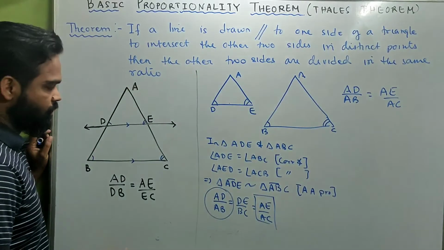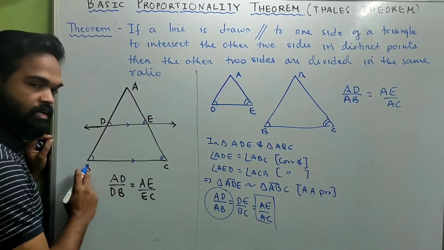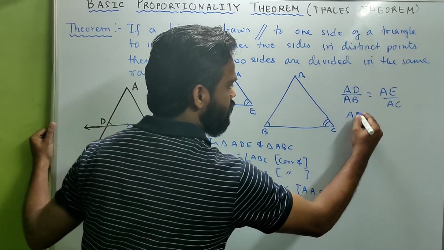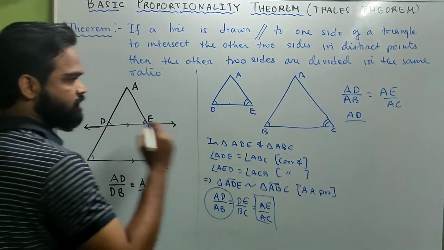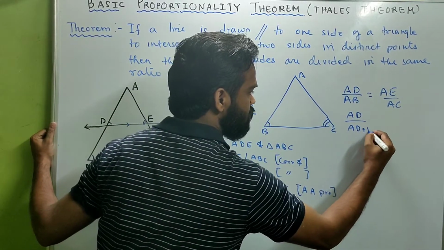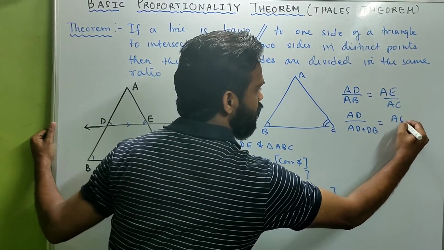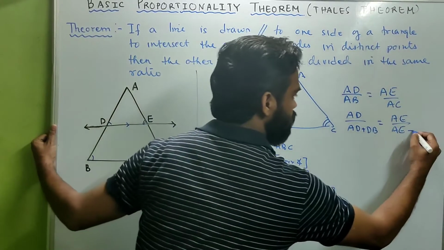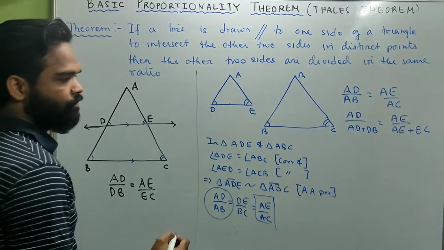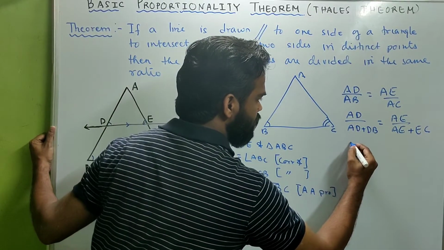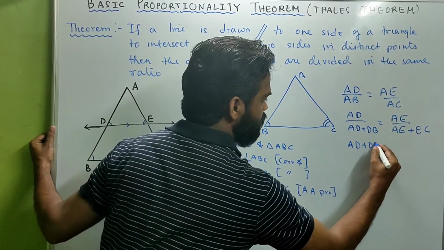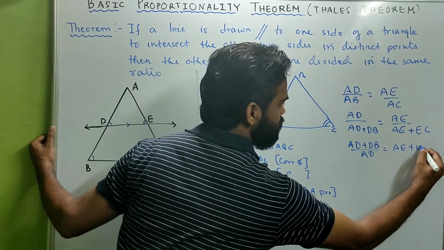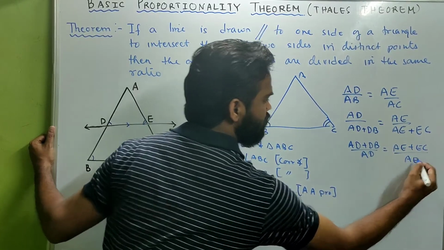No doubt in that. Now I can write AB as AD plus DB, and AC as AE plus EC. Just do the reciprocal. So we get AD plus DB by AD is equal to AE plus EC by AE, isn't it?